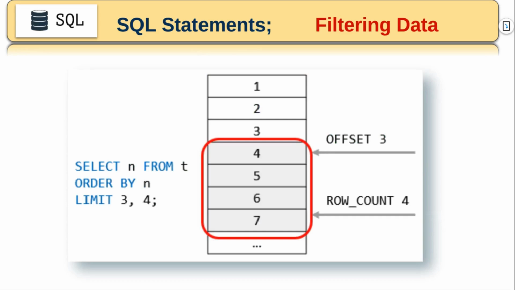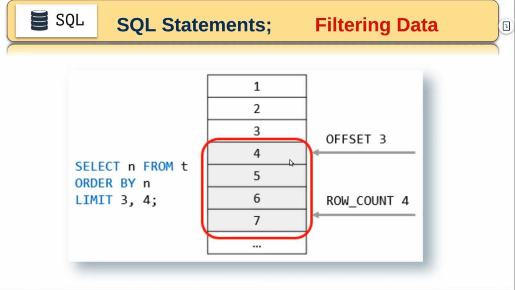As you can see on your screen, you can understand this as follows: the first row's offset is 0, because it starts with 0, the second row's offset will be 1, the third row's offset will be 2, and the fourth row's offset will be 3.